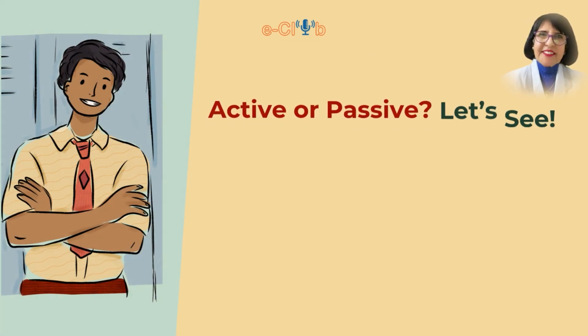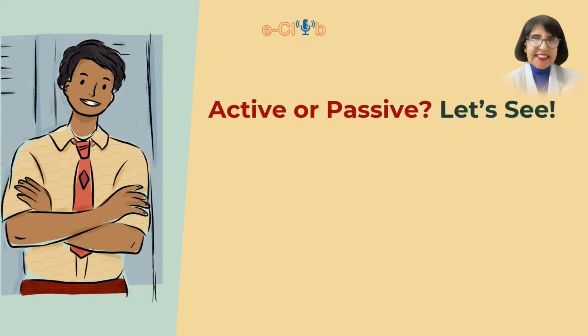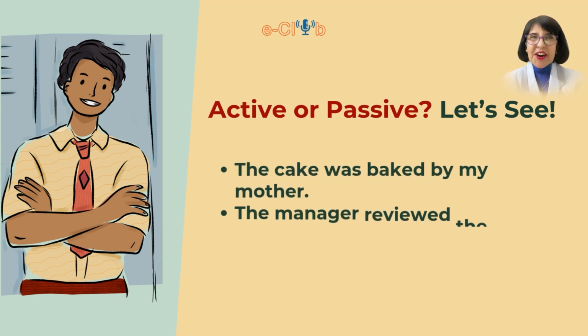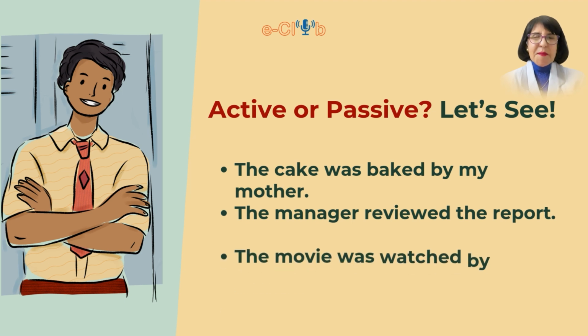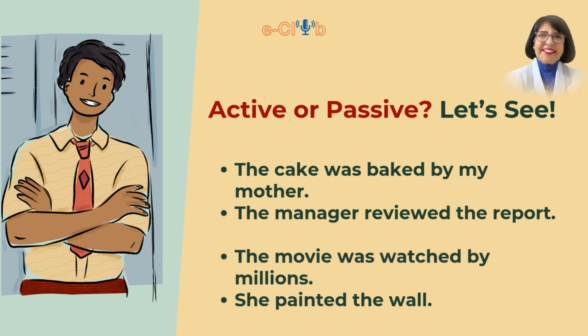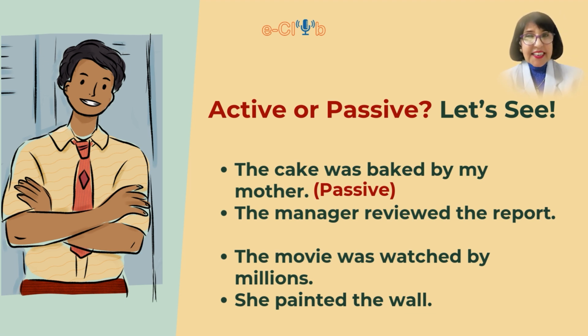Okay, now it's time to test your grammar brain. I'll say a sentence. You tell me if it is active or passive. The cake was baked by my mother. Now this is passive voice. The manager reviewed the report.